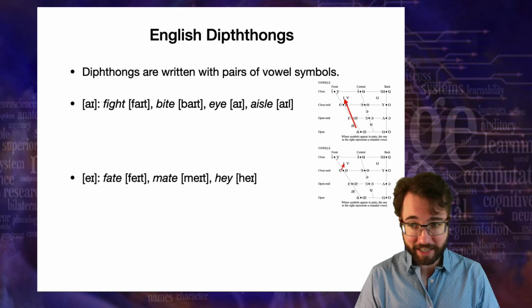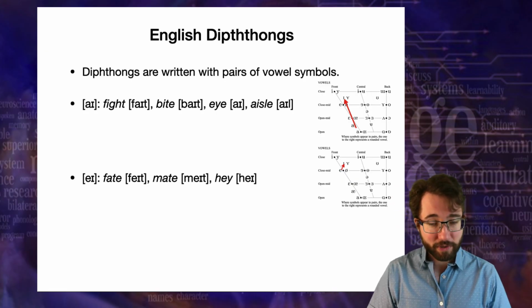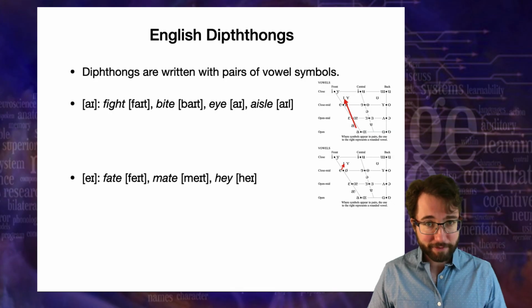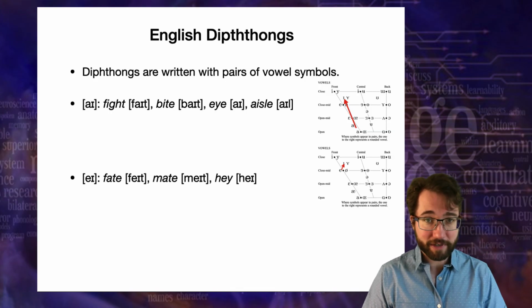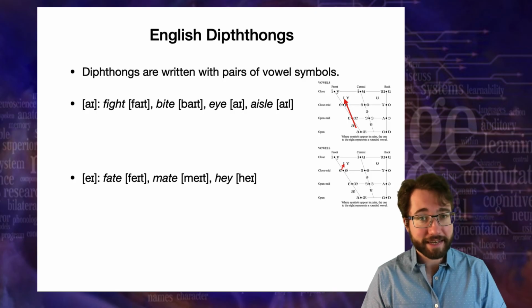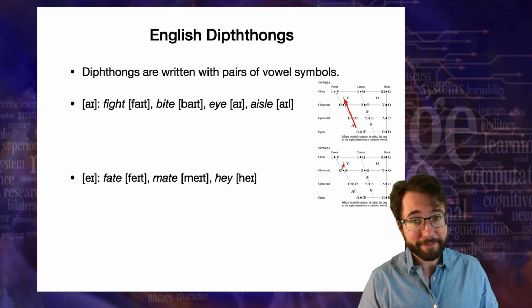Another important diphthong in English is this one, A, which starts with the mid-front vowel and goes up to the high front vowel E, and you get A, as in fate, mate, hay.